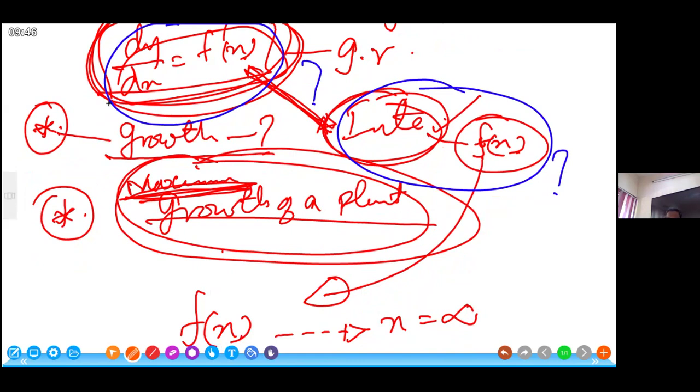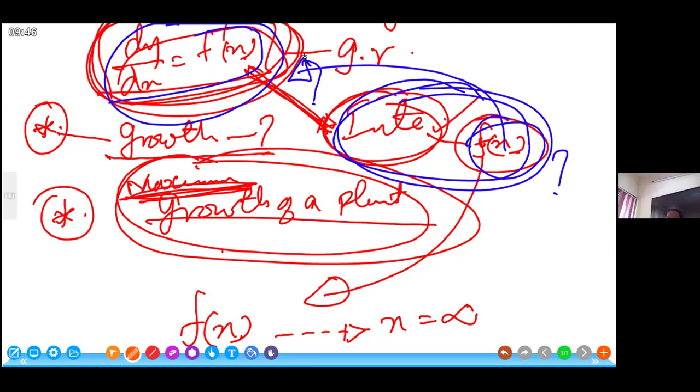I can give a derivative function, then you'll have to integrate it to get the growth. Or I can give the original function, and you'll have to differentiate it. Either way is possible. That I have not decided.